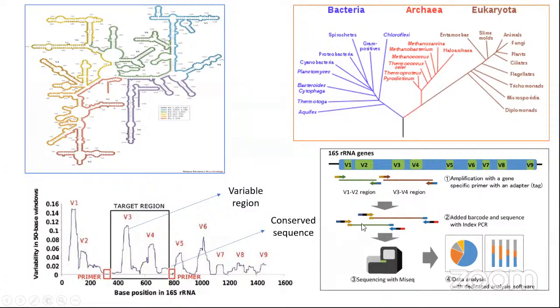Analyzing the variants which are present in these variable regions will give you an idea of the relative abundance and what elements of microbes are present in that sample. Your microbes may be from this bacterial cluster or phyla, maybe from archaea, or maybe from eukaryota.